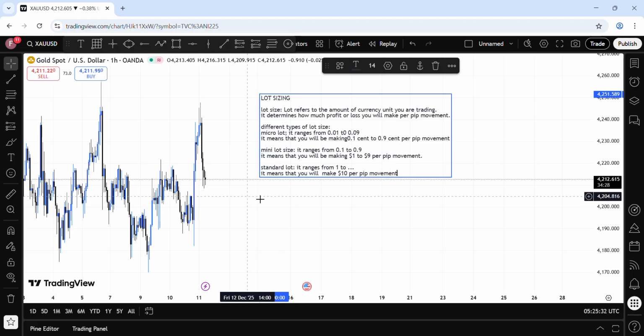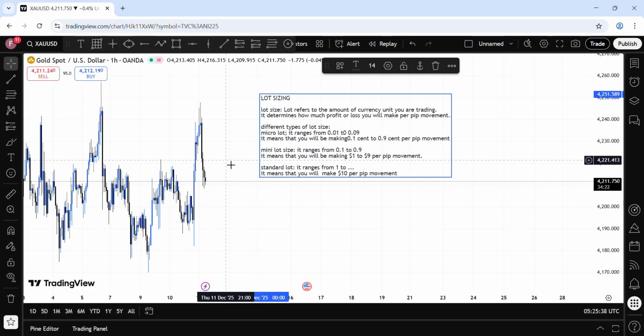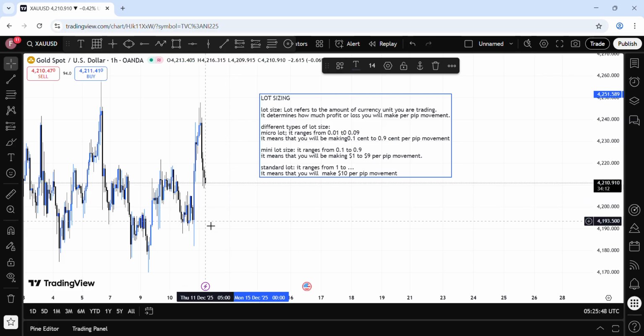It means that if the market takes 10 moves, you have made $100. If the market takes 20 moves, you have made $200 with the standard lot. As the market moves from here to here, you are making $10 per movement. You're making $10 per step.